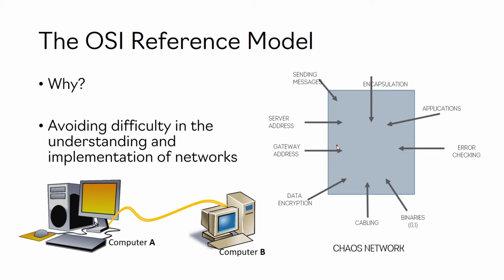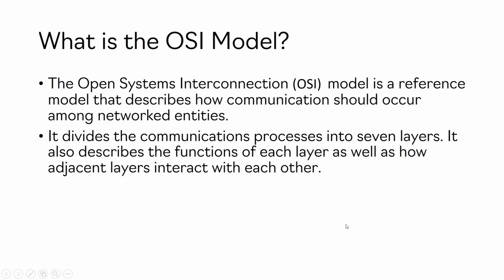So what exactly are we talking about here when we refer to the OSI model? The OSI model itself is a reference model that describes how communication should occur among network entities. By network entities, I mean devices that are connected together in order to share resources amongst themselves.